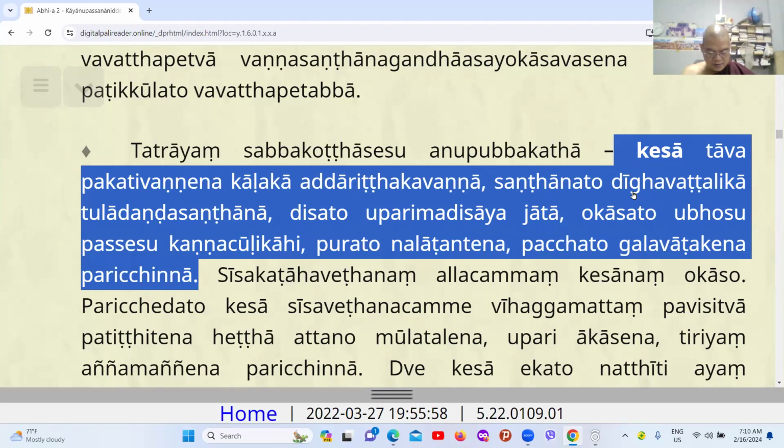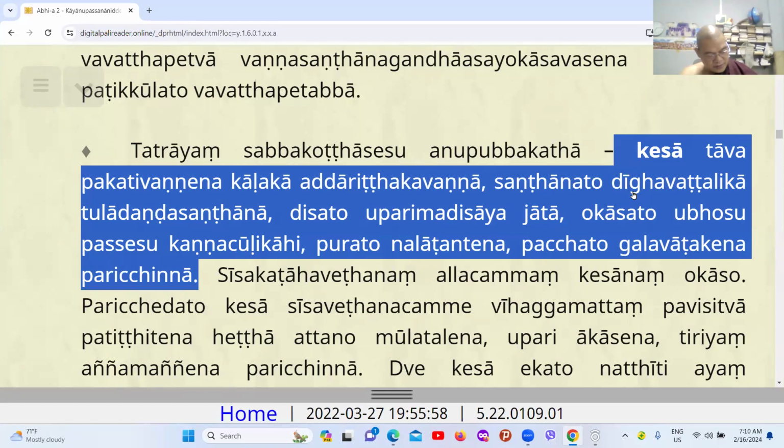Pacchato galavatakena, at the back, what do you call it, the back of the neck. The hair is bound from two ear sides, from the forehead, and from the back of the neck.